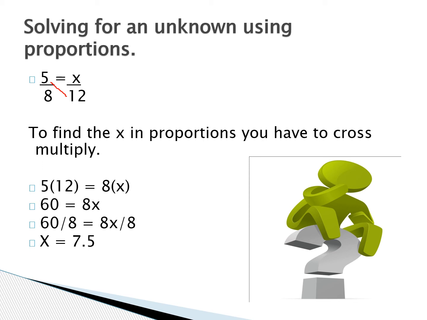This is kind of a drawn out way of doing it, but then I would divide that 60 by 8. That's basically what this is showing: 5 times 12, 8 times x.